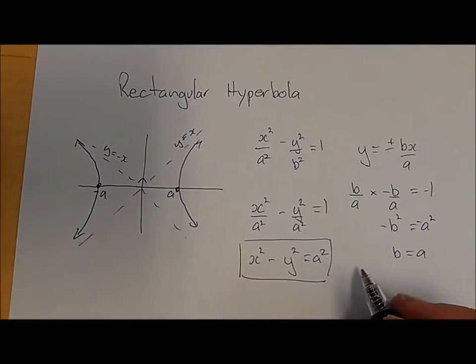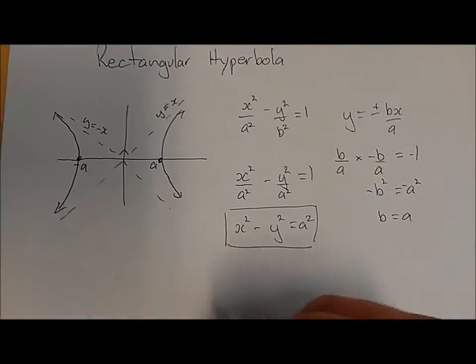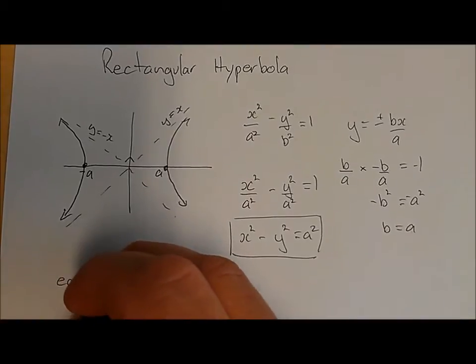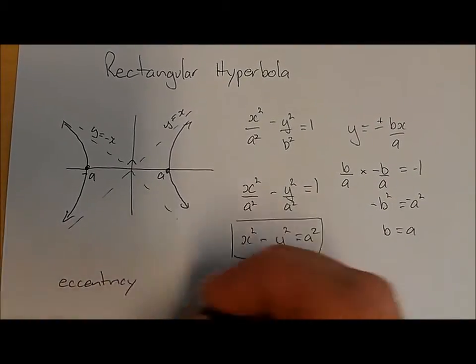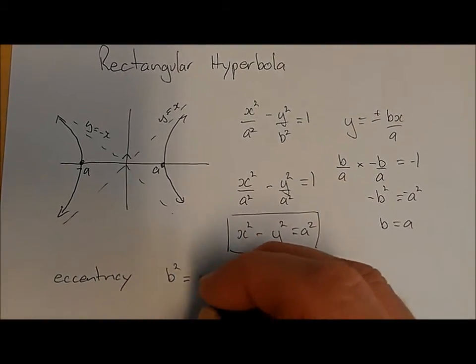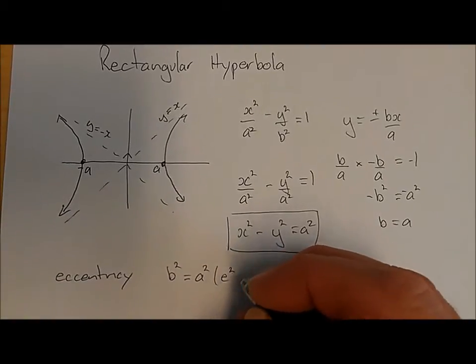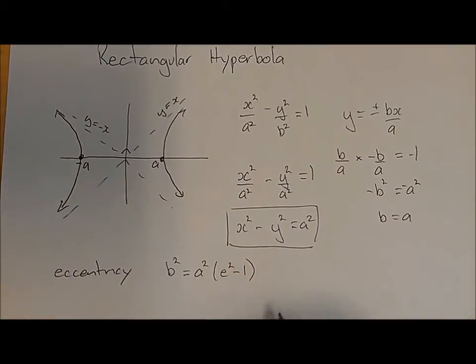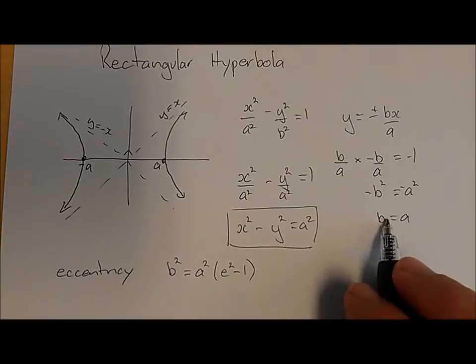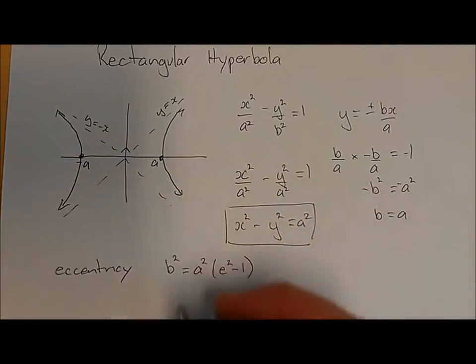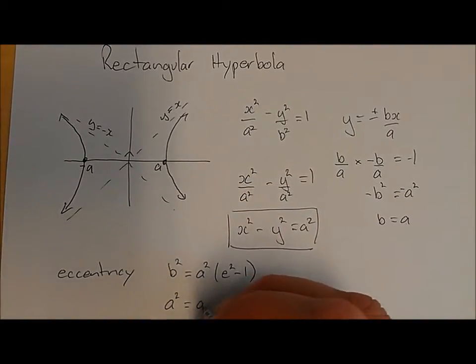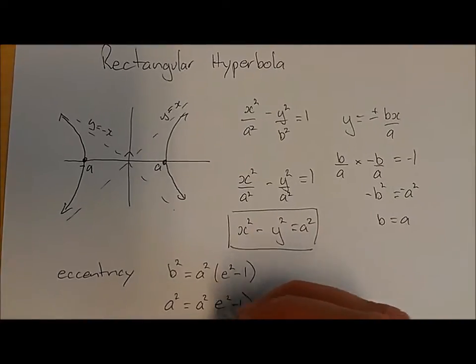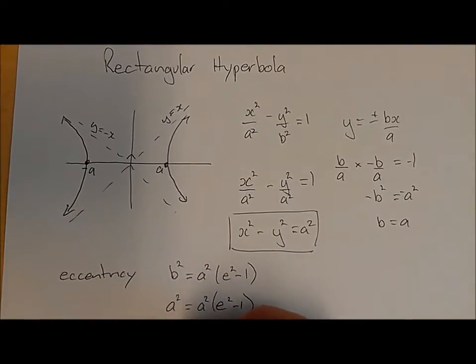We can take this a little bit further, and we can in fact discuss the eccentricity. And the eccentricity, we know that b squared equals a squared, e squared minus 1. But as we just said, for a rectangular hyperbola, b squared will be a squared. So in other words, a squared equals a squared, e squared minus 1. Rearranging that gives me e squared equals 2.